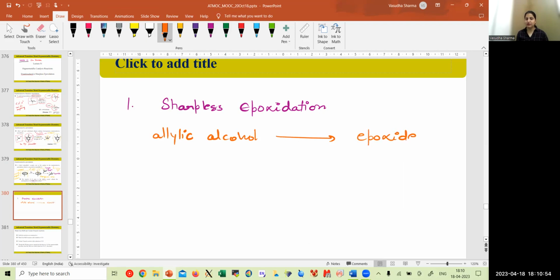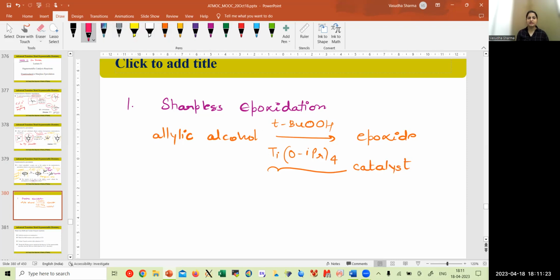And if we talk about the chirality, it will introduce the chirality. It happens in the presence of a peroxide, and the highlighting feature is the titanium. So this is our catalyst over here.